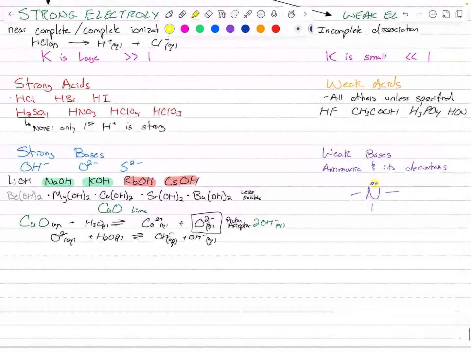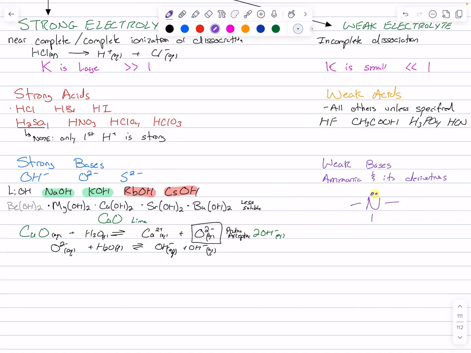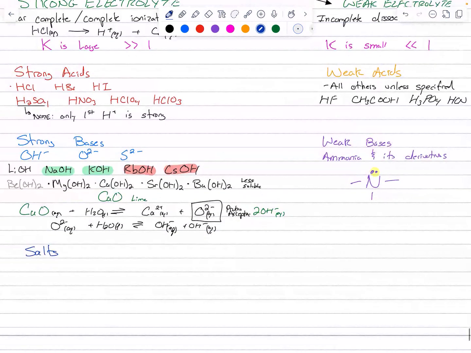All right. And then the last thing we're going to have is salts. And these are soluble ionic compounds. So anytime it's ionic and aqueous, right? It's a strong electrolyte.